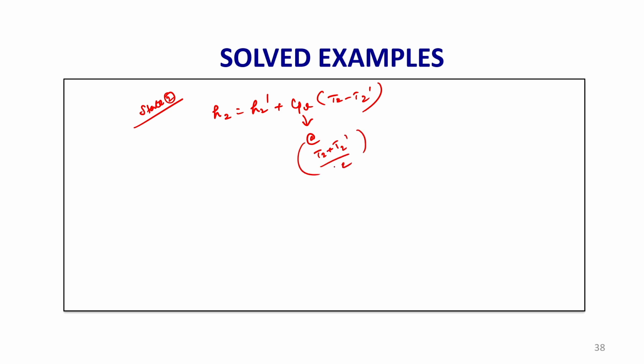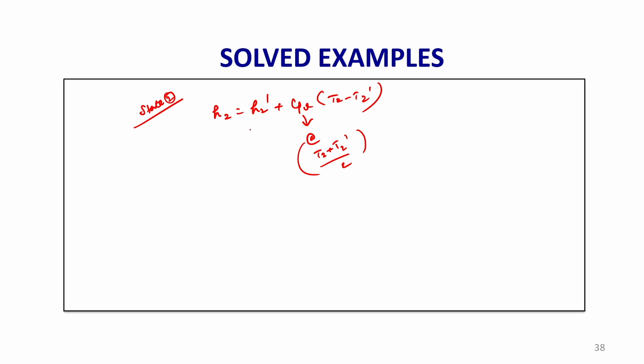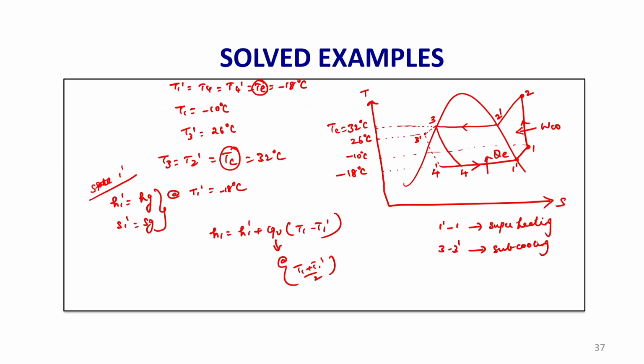So, it is a combination of subcooling and superheating. Obviously, it is quite a lengthy problem. How to find H2 dash? H2 dash is Hg at 32 degrees centigrade. It is very simple. Once you are clear with the basics, we can write it without looking at the diagram, because 2 dash is lying on the saturated enthalpy line.